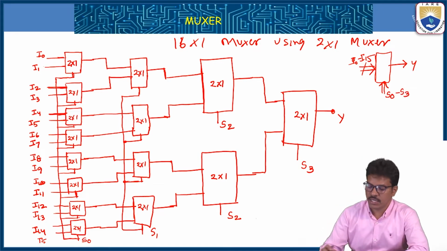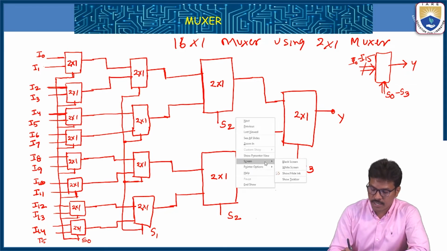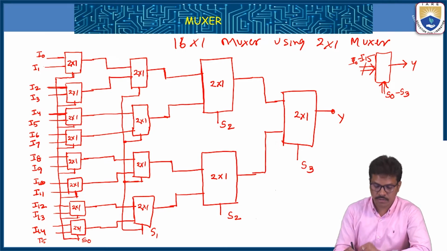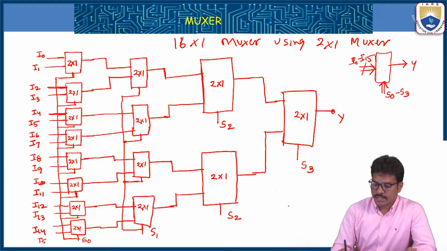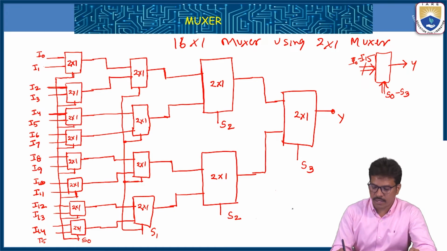Let us check with one example, by giving select lines, whether this will act as a 16 by 1 multiplexer or not. I'll take a different color pointer. For example, S3, S2, S1, S0 with 1010 as the inputs.